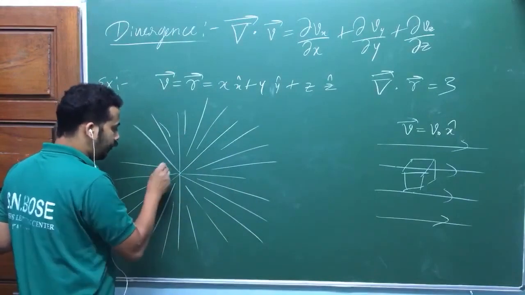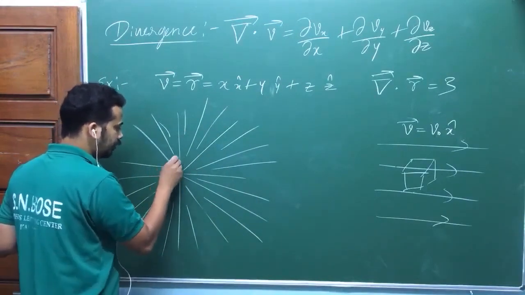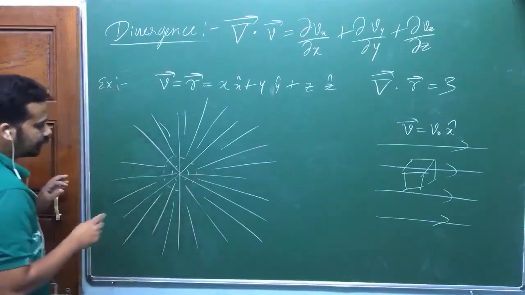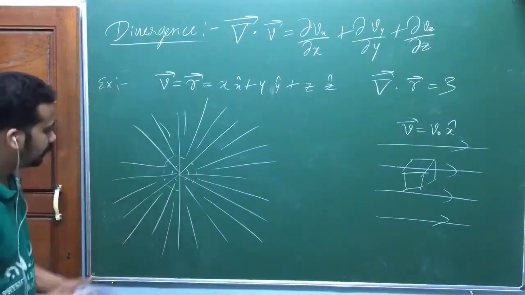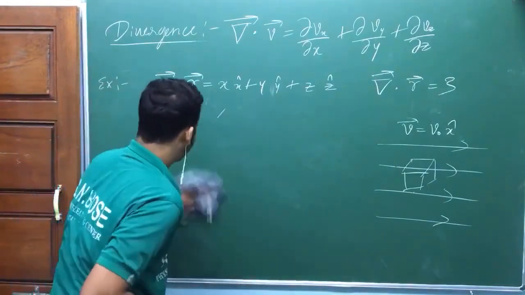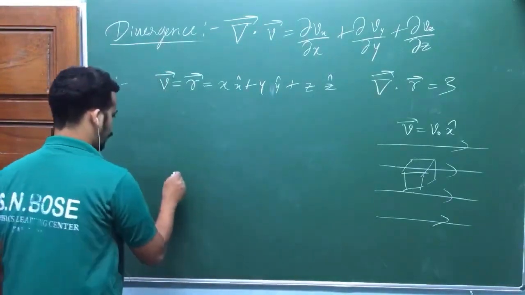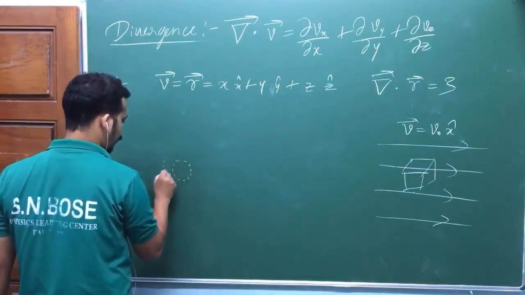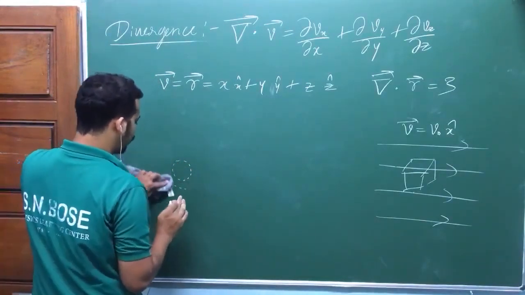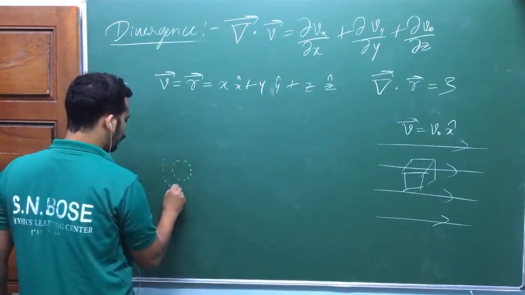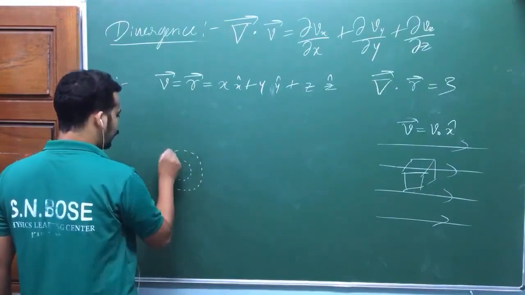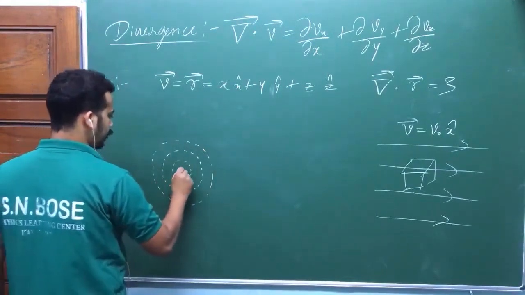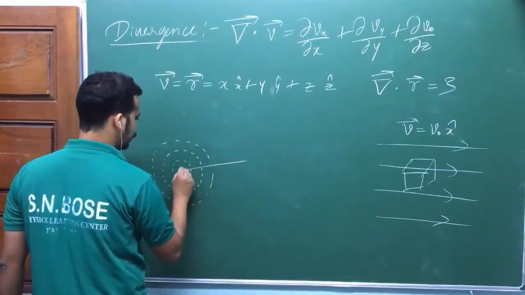So wherever you take, suppose let me take some radial part like this. Wait a second, let me draw a little better diagram. Again, as the radial distance from the origin increases, vector field strength is increasing, am I right? Speak out. So let me draw it like this.